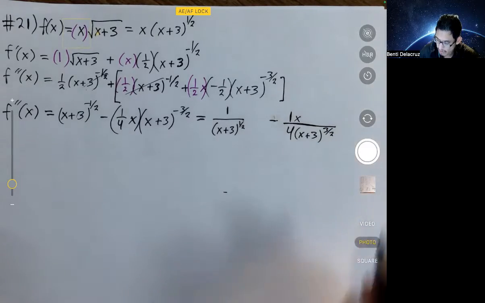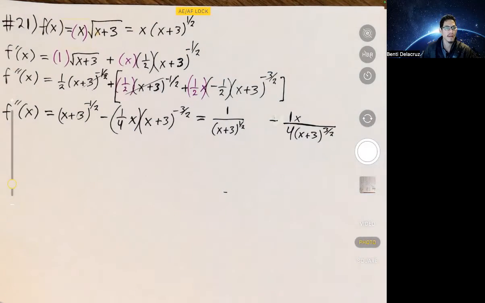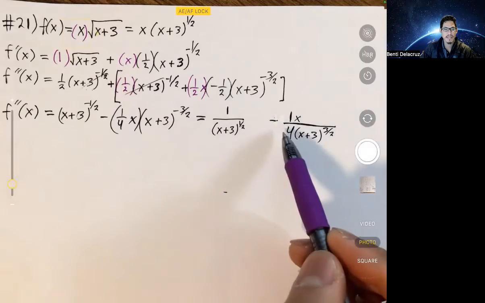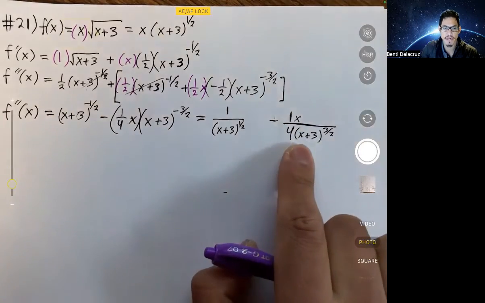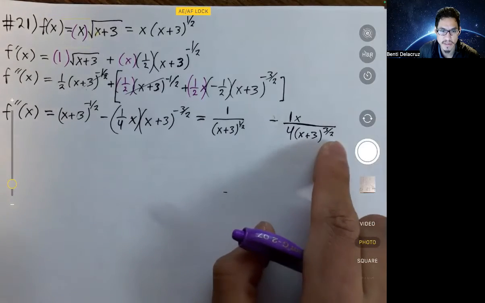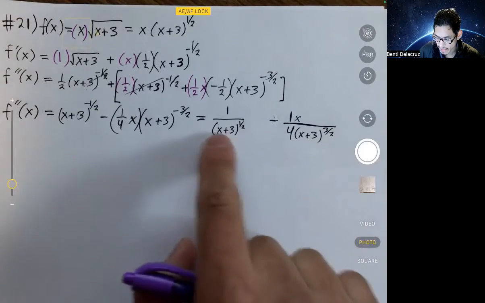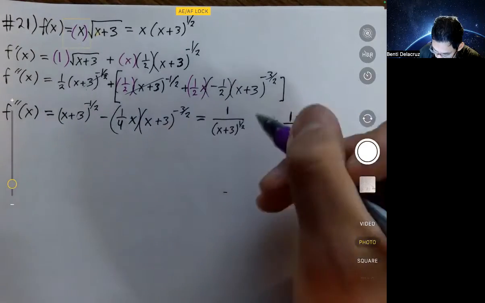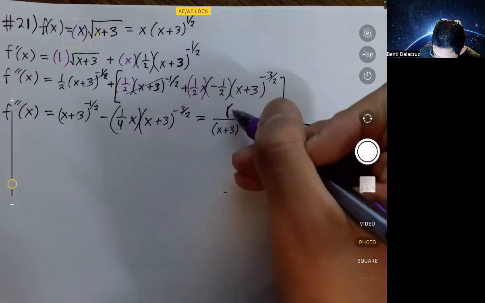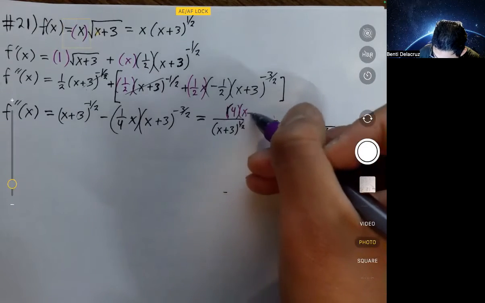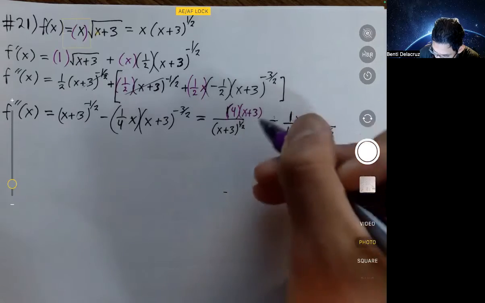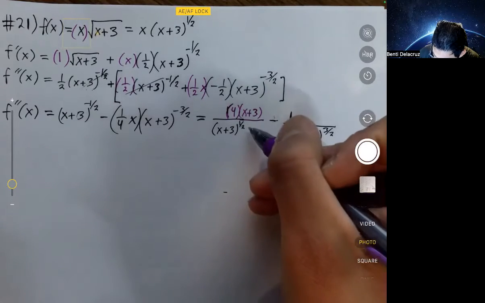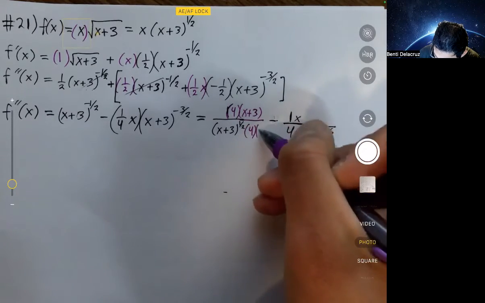So same thing. Now, we want to combine these fractions. So remember, we need a common denominator. So we need both of the denominators to be 4 times x plus 3 to the 3/2. So to make this into that, you're going to multiply both the top and the bottom by 4 times x plus 3 to the 1 power, or just 4 times x plus 3, like that. So it'll just be like this, times 4 times x plus 3.